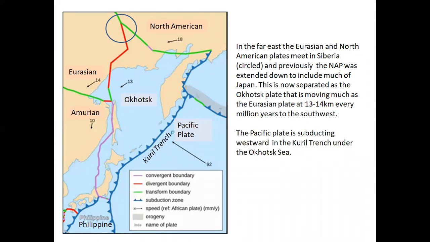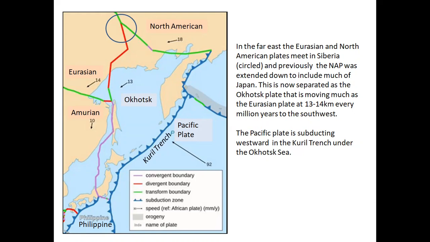There's not a significant difference in plate movement as measured. The North American plate, 18 degrees, essentially a little south of west, and the Okhotsk plate, about 13 millimetres a year. The two plates are more or less obeying the movement of the great mass of North America.